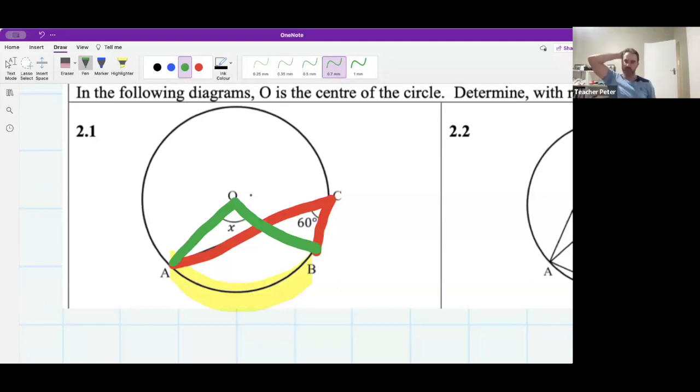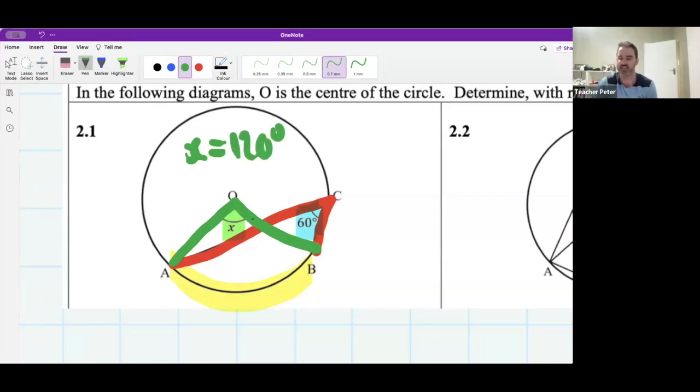You'll notice that it looks almost like a bow tie. This angle over here is at the circumference. It's 60. This one over here, angle X, is going to be 120.